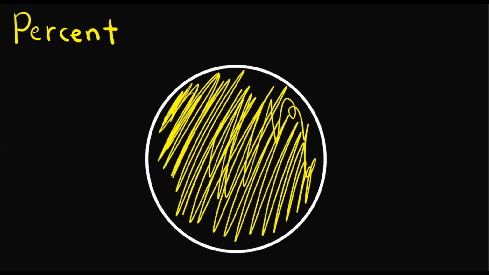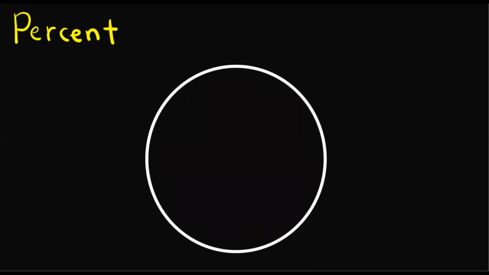Then this literally means 100%, since all portions of this whole is occupied by only the yellow color. Now what if there's none? So this one is 0%.